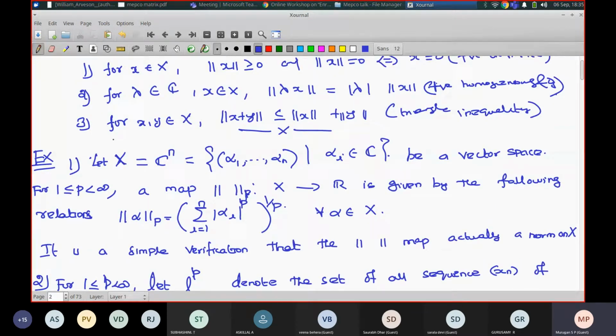Let X equal C^n. You can consider the collection of all n-tuples of scalars. This is a vector space with respect to the usual coordinatewise addition and scalar multiplication. You can define various norms on C^n. For each p greater than or equal to 1, you can define a map given by the following equation.